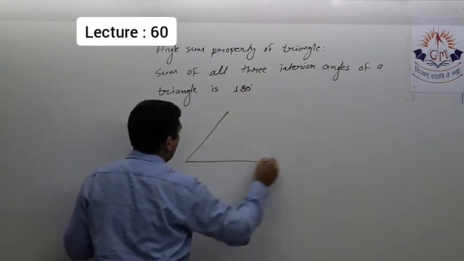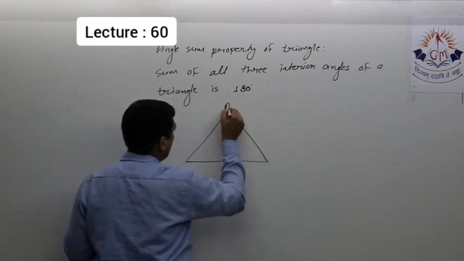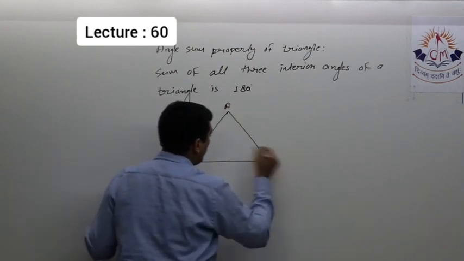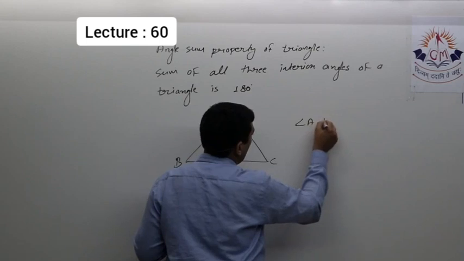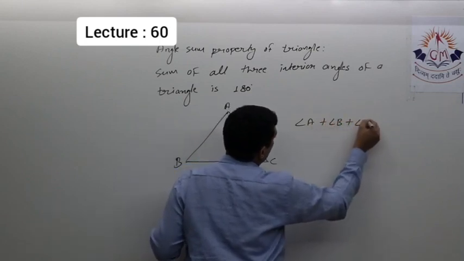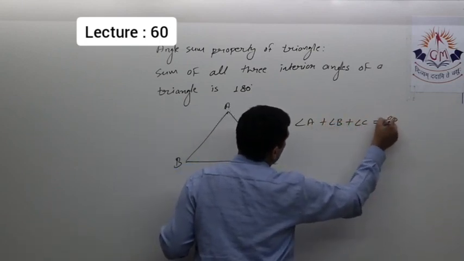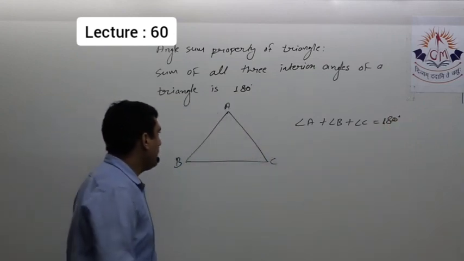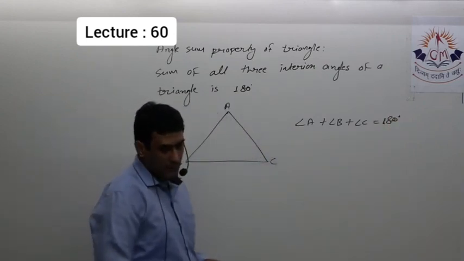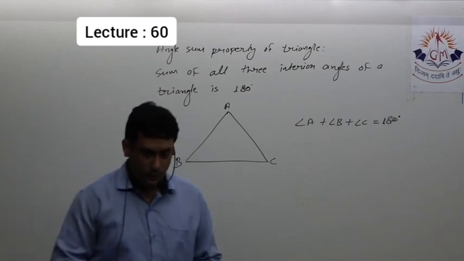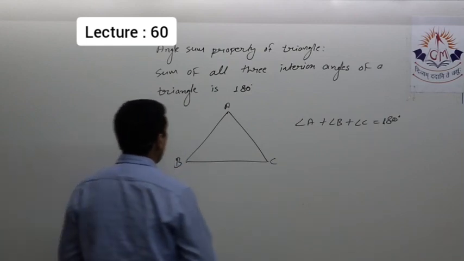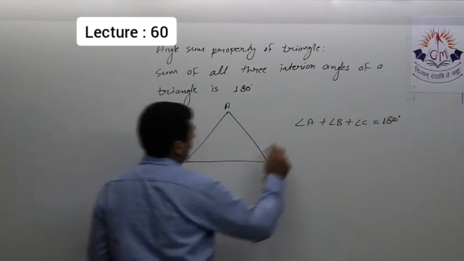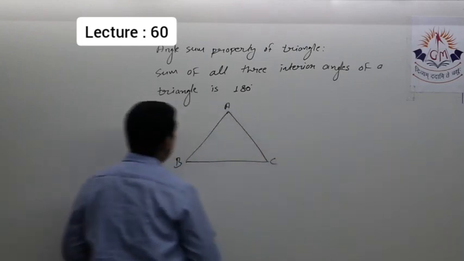For example, if I say ABC is a triangle, then according to this, angle A plus angle B plus angle C is equal to 180 degree. Sum of all three interior angles is 180 degree. Now if we talk about its proof, let us see how we'll prove that in triangle ABC, A plus B plus C equals 180 degree.